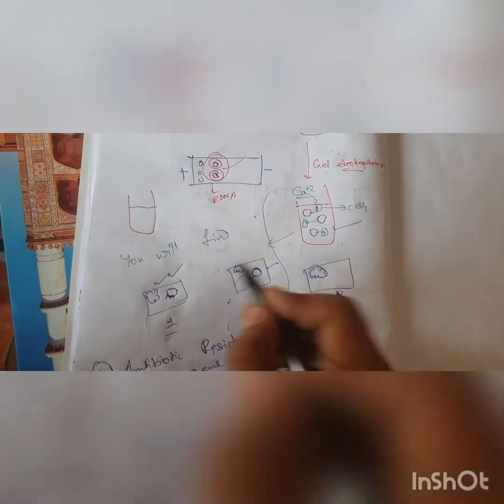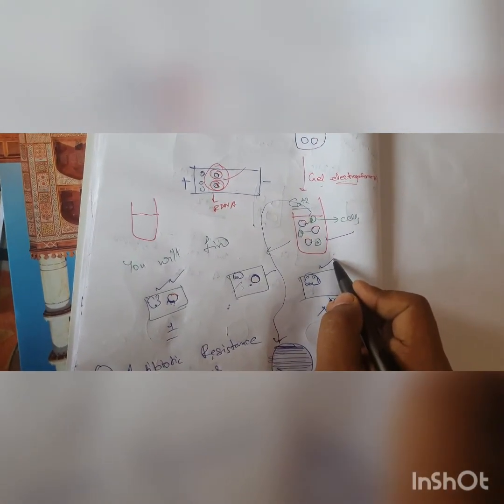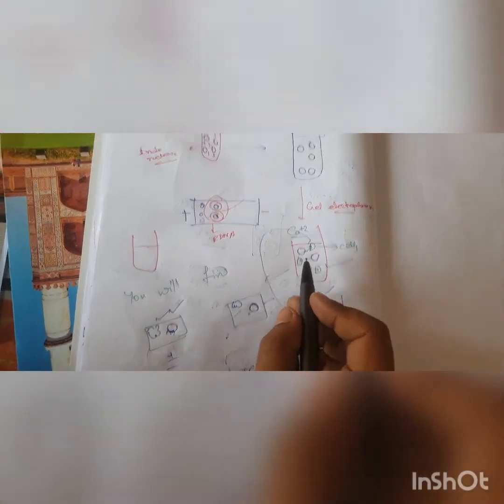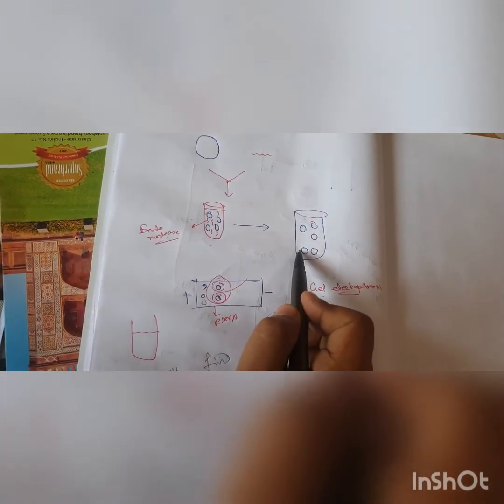So you can get this type of cell or this type of cell. This type of cell you will not get because you did not mix the cells with this mixture or this mixture. You have mixed the cell after doing gel electrophoresis, separating on the basis of the size. Right or wrong?